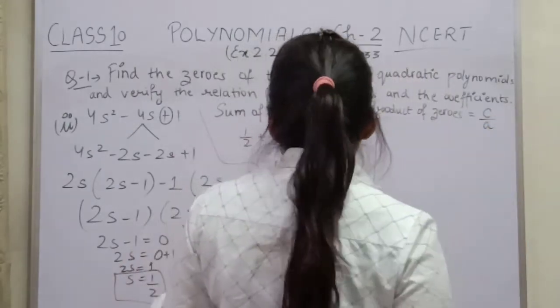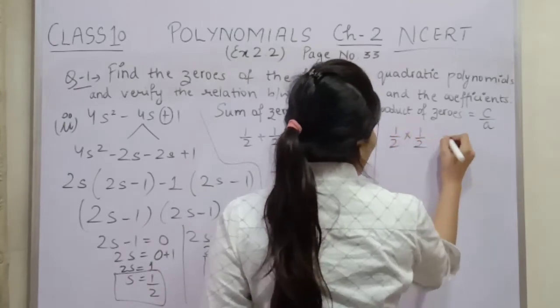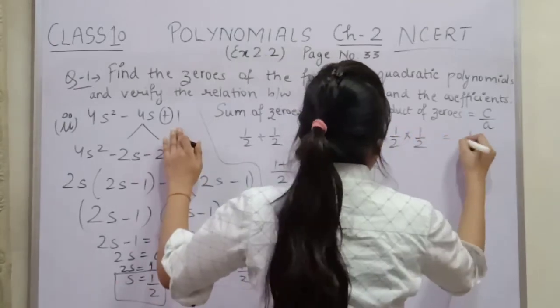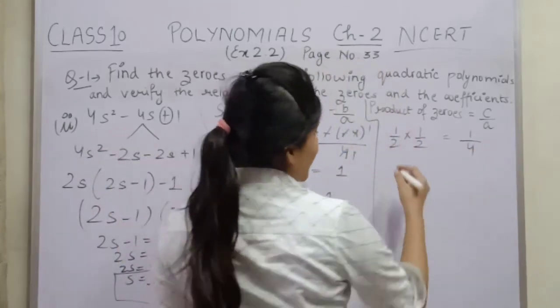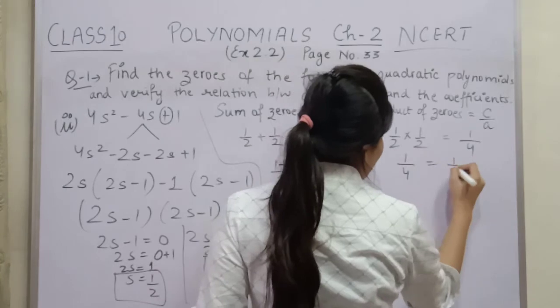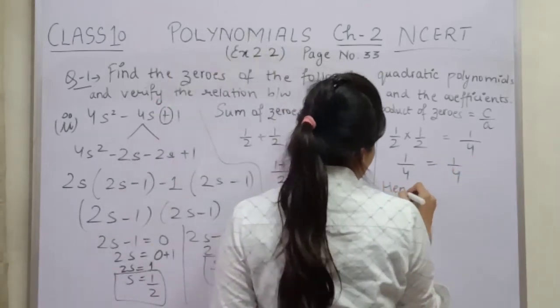So if we take the product of zeros, that would be 1/2 into 1/2, and c is 1 and a is 4. So 1/2 into 1/2 is also 1/4. 1/4 equals to 1/4. Hence verified.